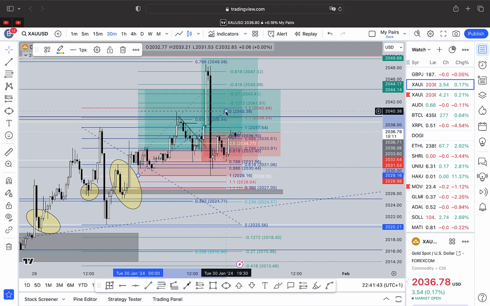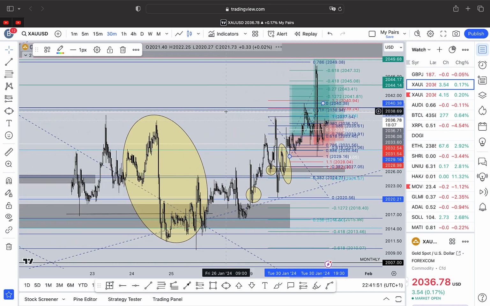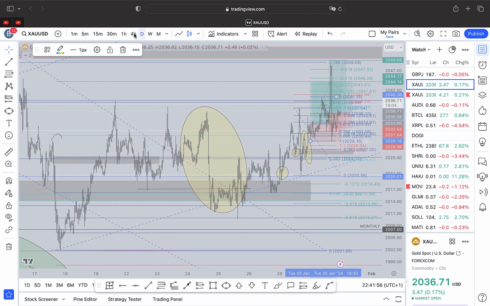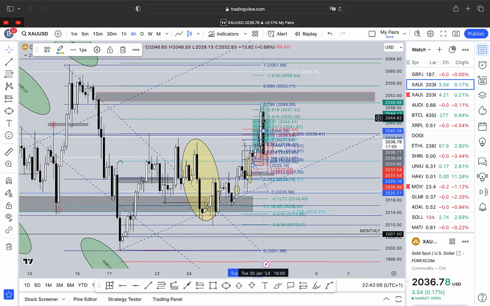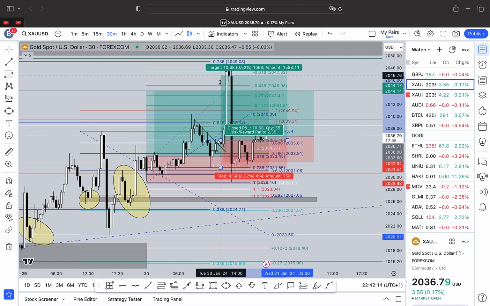Okay, since our setup is based off the M30 time frame, we would target just that 38.6% on the lower time frame. Okay, so we do see that we have a 61.8%. So actually, the wisest thing to do would have been to just target this area.